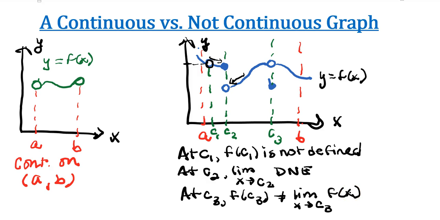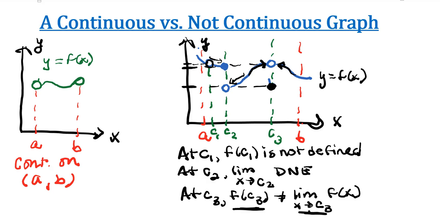And I can say that because my function value at C sub 3 would correspond to a y value over here. My limit value, as it comes from the negative side and the positive side, does exist because it approaches the same number, but that's going to equal some other range value over here. So we would say that f of C sub 3 does not equal the limit as x approaches C sub 3.